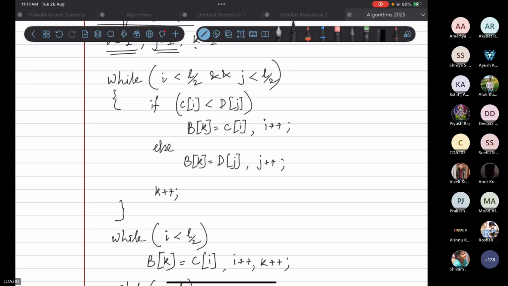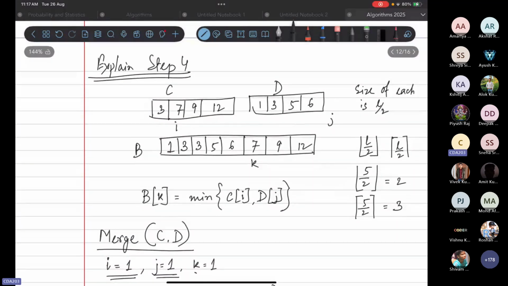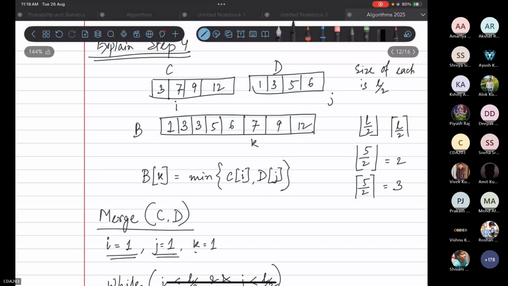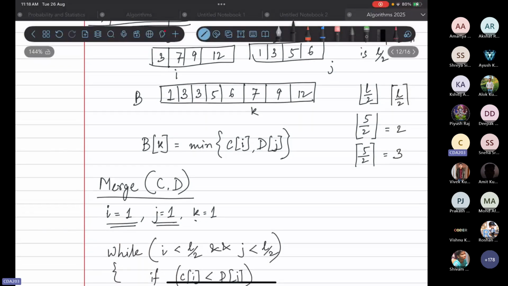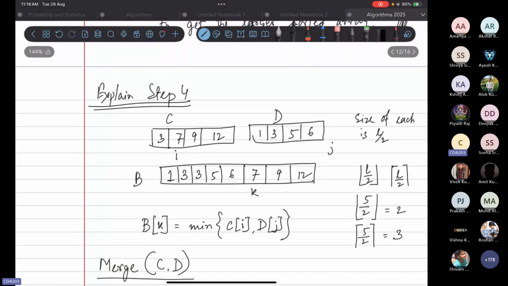Why do you take i, j, k equal to 1? I mean, what else would you like to take? You might be thinking you can start with 0, like indexing starting with 0.